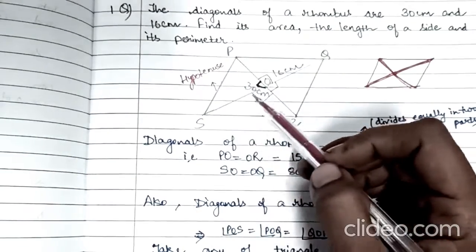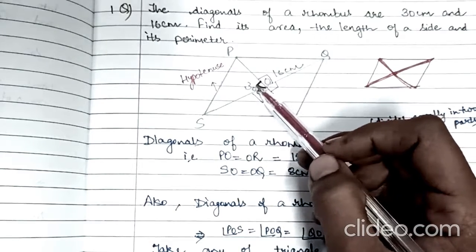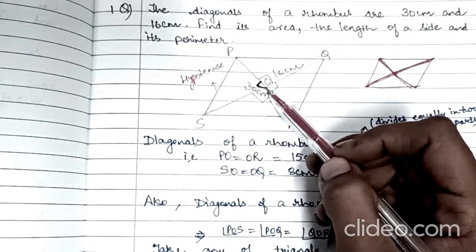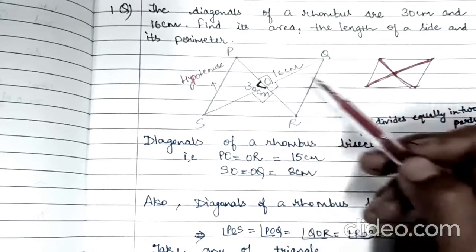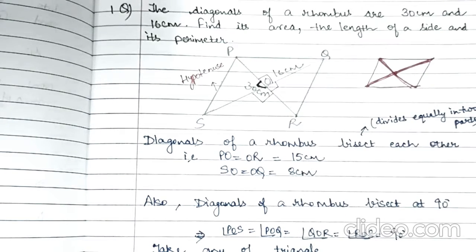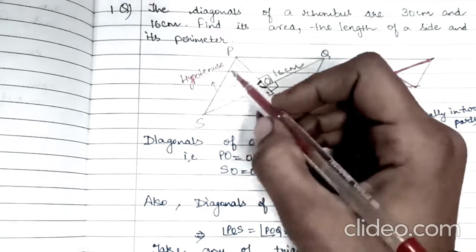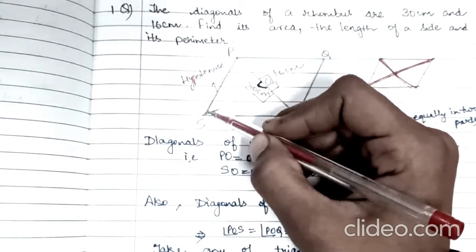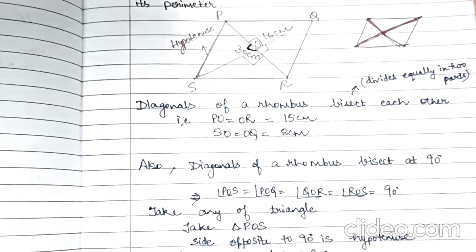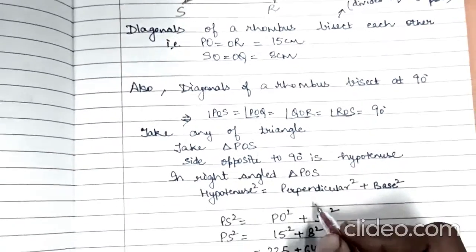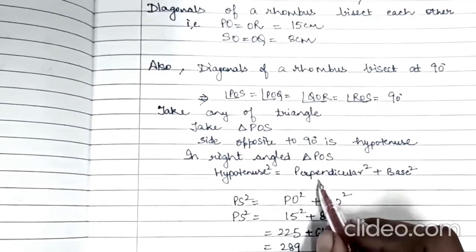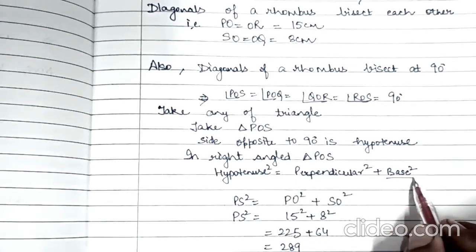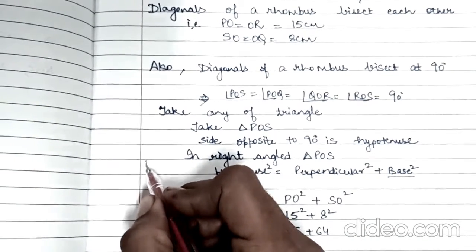In this triangle, where one angle is 90 degree, we can apply the Pythagoras theorem. The Pythagoras theorem states that in a triangle, hypotenuse square is equal to perpendicular square plus base square.